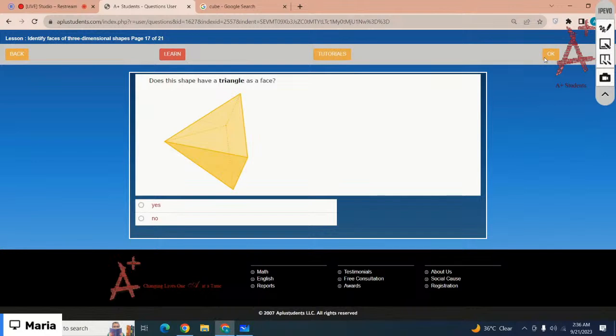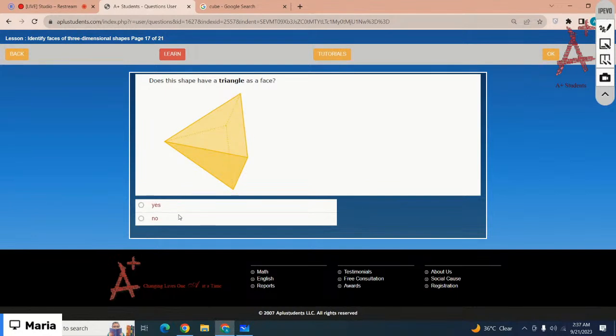Does this shape have a triangle as a face? The correct option is yes.